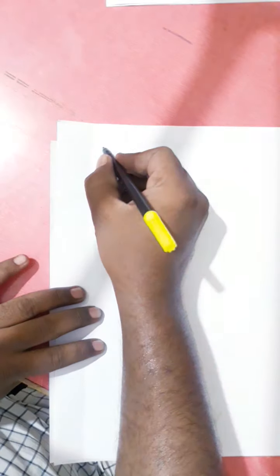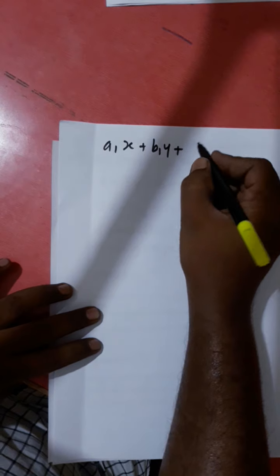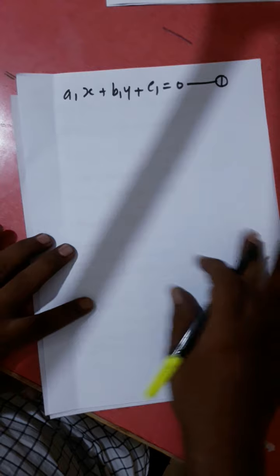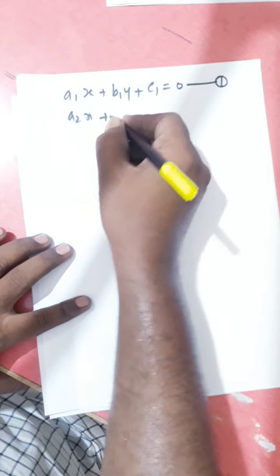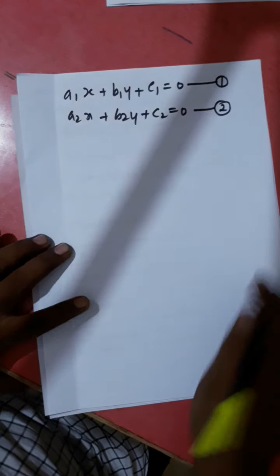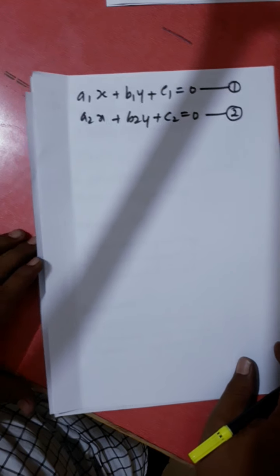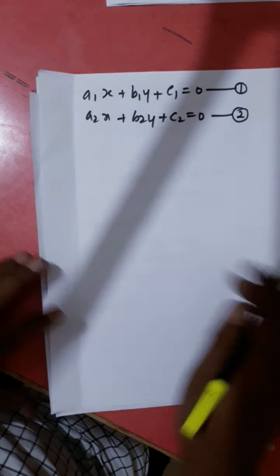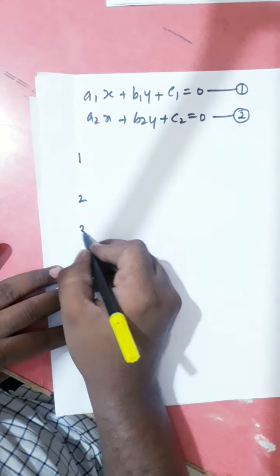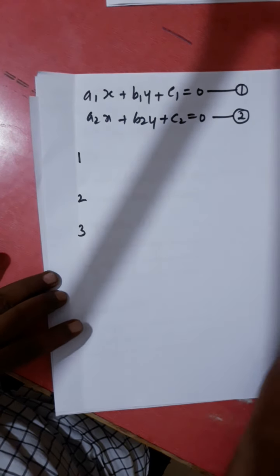If two lines a1x plus b1y plus c1 is equal to 0, and the other is a2x plus b2y plus c2 is equal to 0, are represented graphically, then we have ratio comparison. We will check the ratio comparison and the nature of the solutions.